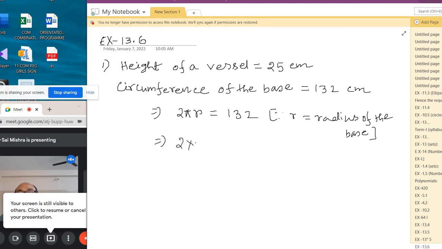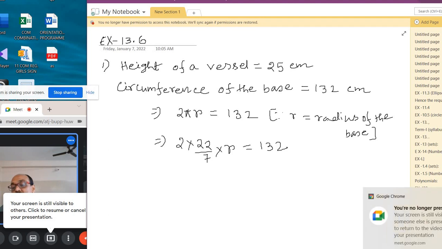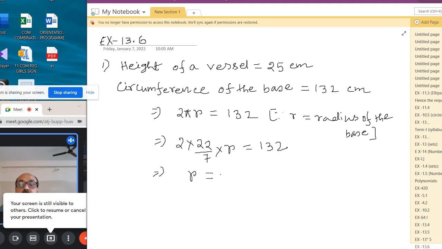So 2 into 22 by 7 into r, the radius, equal to 132. So r equal to 132 into 7 by 2 into 22.